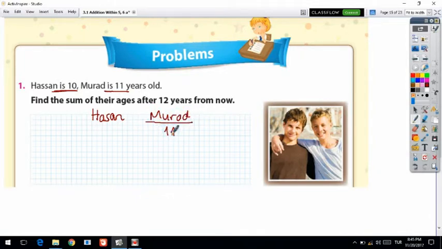Murad is how many years old? 11. Hassan is how many years old? 10. But these are the ages from now, and the question says after 12 years from now.